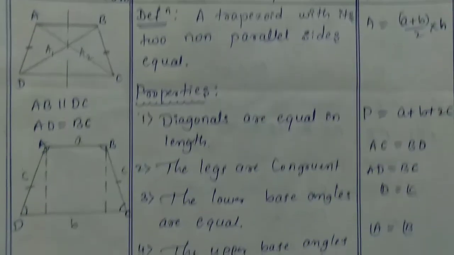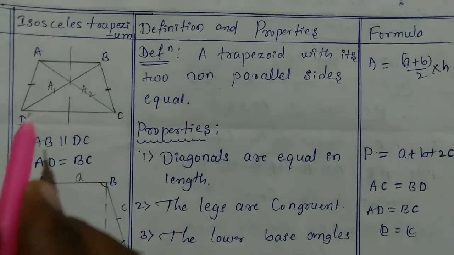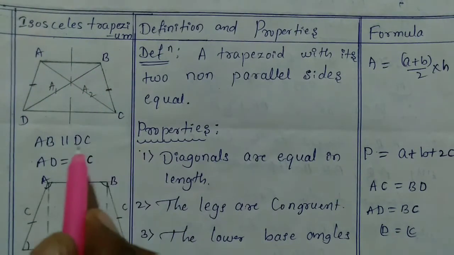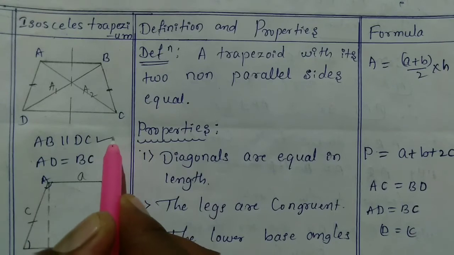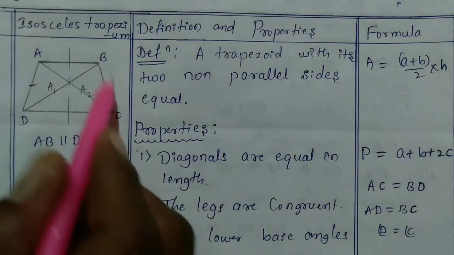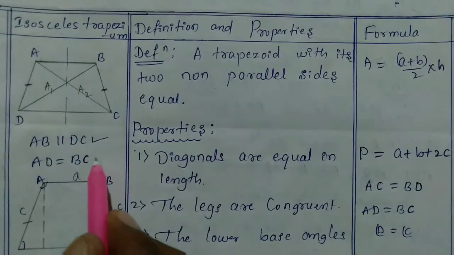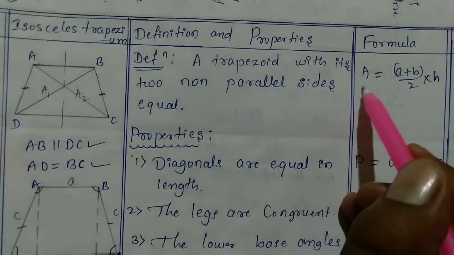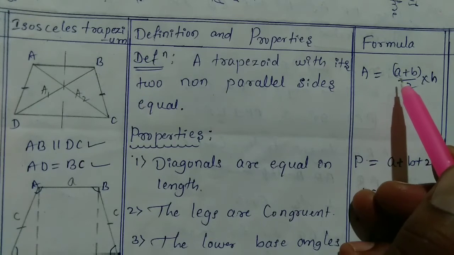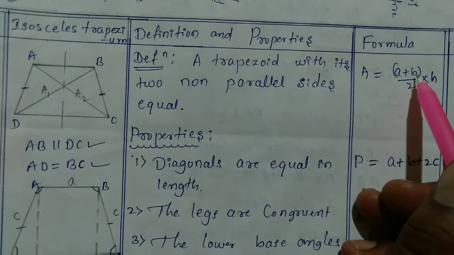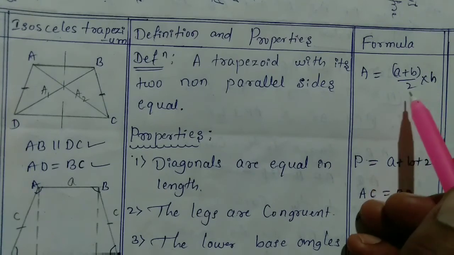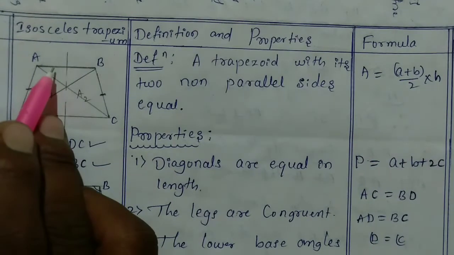Okay, so in an isosceles trapezium, AB is parallel to DC, and the legs are equal, meaning AD is equal to BC. Okay, so next I will go to the formula, that is, area of an isosceles trapezium: A plus B by 2 into H. So here A plus B means the parallel sides.